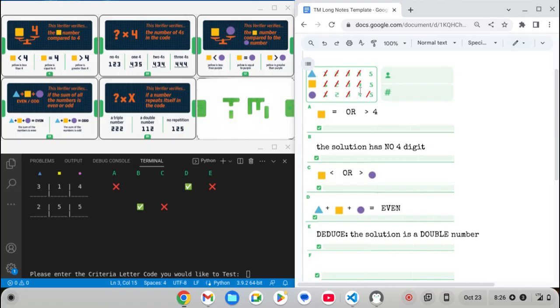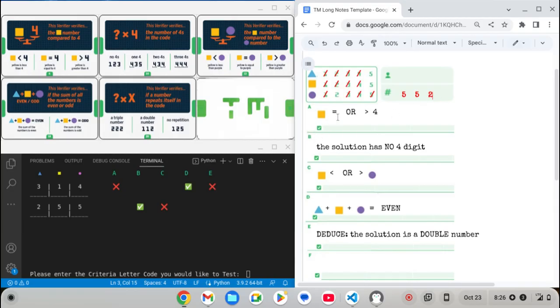Pure luck of how I constructed that proposal. So just fortunate. It doesn't matter. I believe the solution should be 552. So let's type it up.